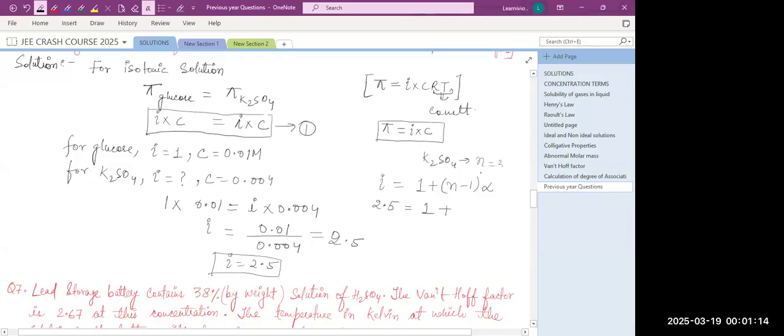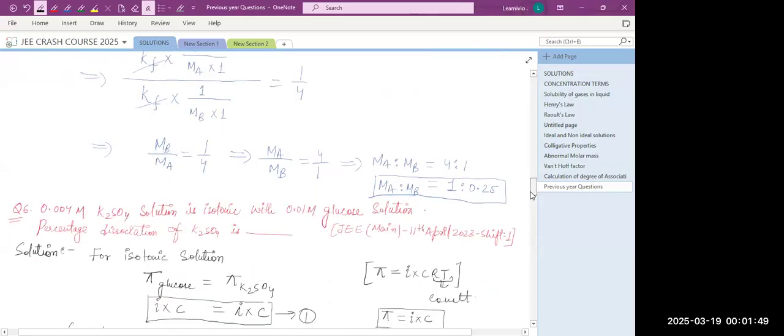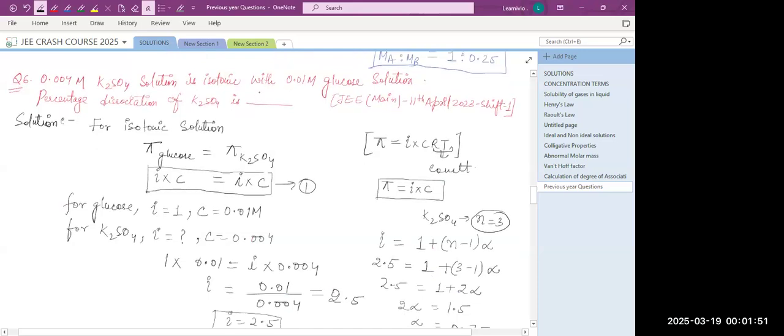Yes, good. Substituting n, we get 1 plus 2 alpha, so 2 alpha equals 1.5 and alpha equals 0.75. In percentage form, it will be 75%. So this is your final answer: the percent dissociation of K2SO4 is 75%.